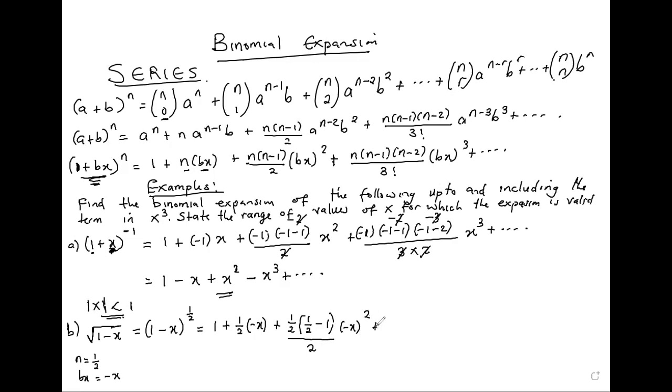And then plus (half minus 1)(half minus 2) over 3 factorial, which is 3 times 2, and then (-x)^3.